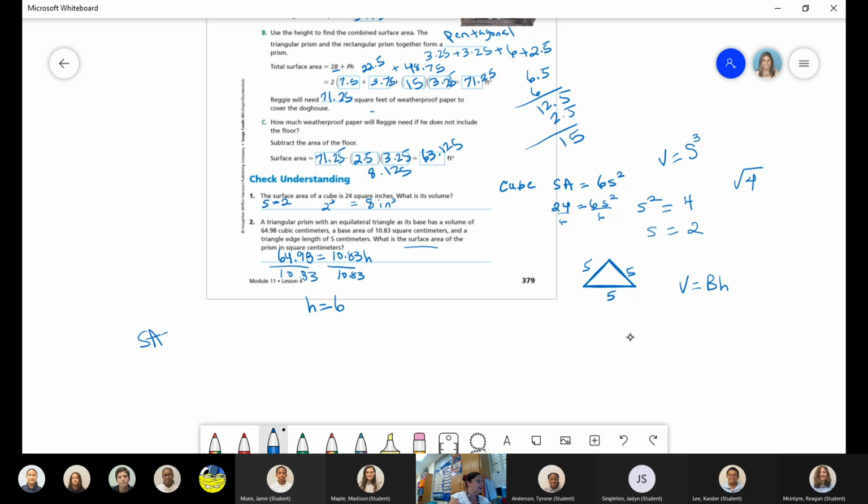Okay, so surface area, remember, 2B plus pH. So we know B, 10.83. We know the perimeter. If this is the face, 5 plus 5 plus 5, which is 15. And we know the height, which is 6.